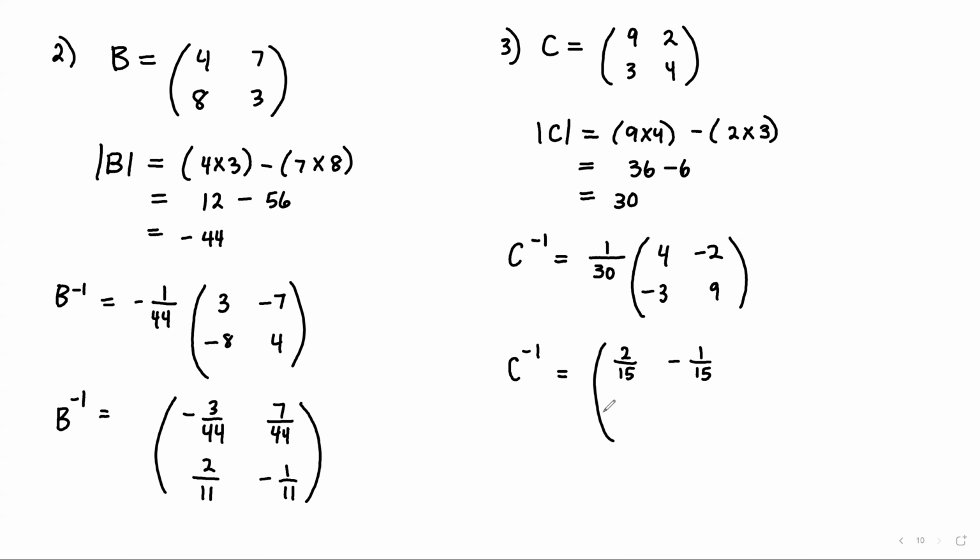Negative 3 times 1 over 30 would be negative 1 over 10. And then 9 times 1 over 30 is 3 over 10. So if you didn't get these, please check it over, see where you went wrong. All right, the next one, number 4.